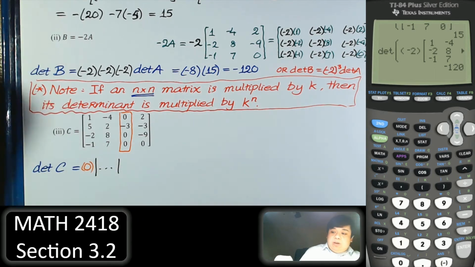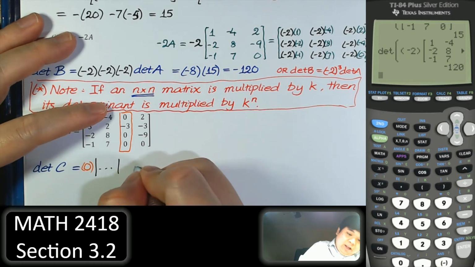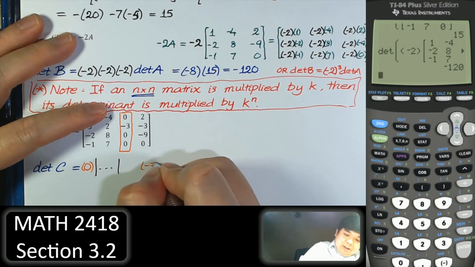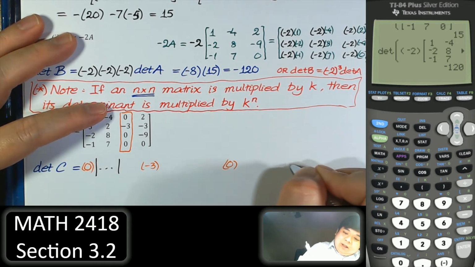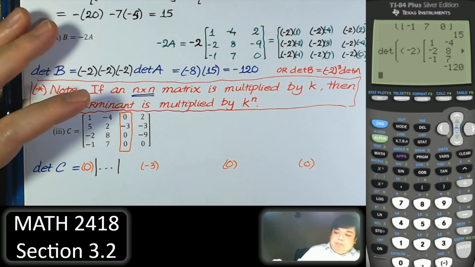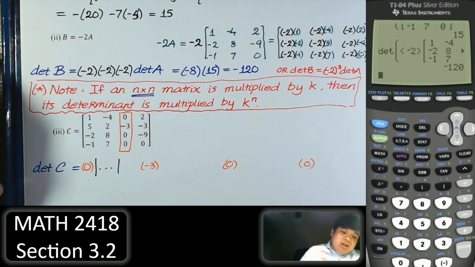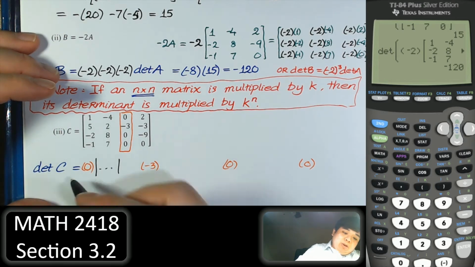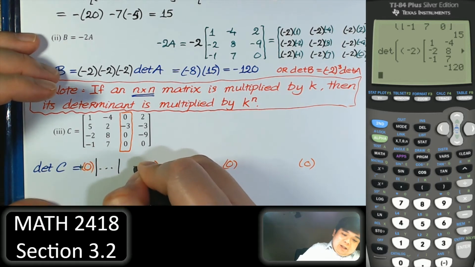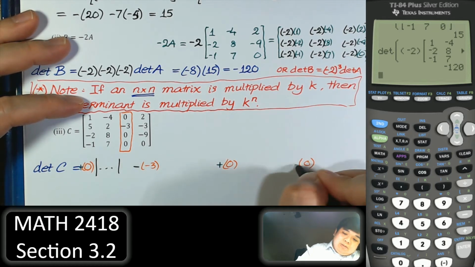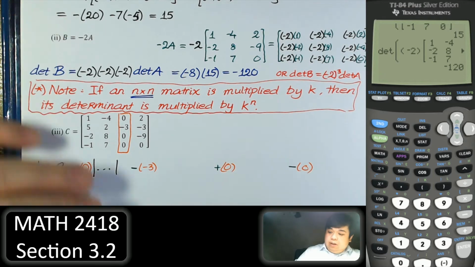Inside it's going to be 0, and then we have -3, and then 0, and then 0. Now the signs, don't forget the signs: positive, negative, positive, negative, positive, and negative.